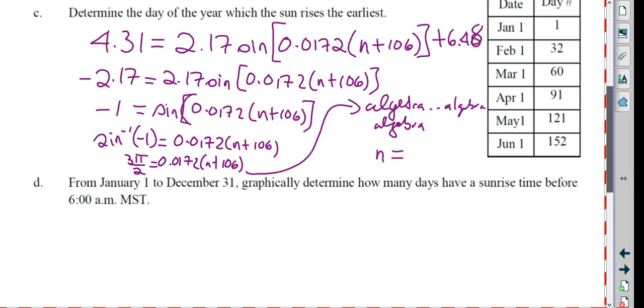Okay, got an n yet? That just says algebra, algebra, algebra. It's like we're solving an equation. I think you can do that. Negative 197. Wait a minute. Does that make sense? Negative? Yeah, so determine the day in which the sun rises the earliest. That doesn't make sense that it would be negative. Anybody get a different answer?